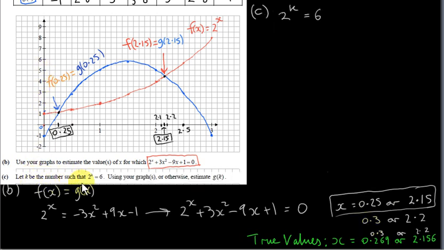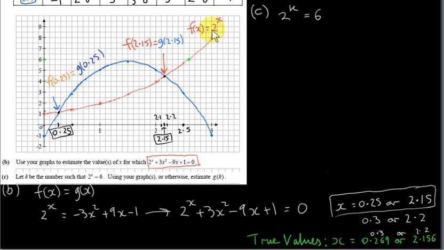Let k be the number such that 2 to the power of k equals 6. Using your graph or otherwise, estimate g of k. Well, let's see where 6 is on the vertical axis. We want 2 to the power of k to equal 6.